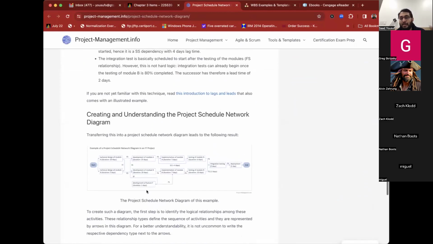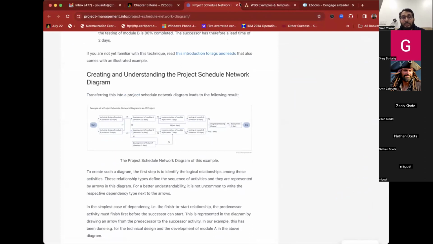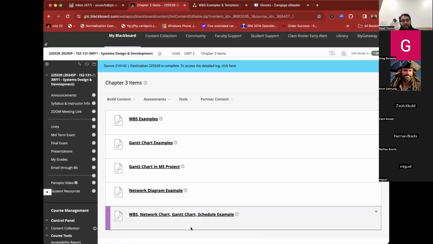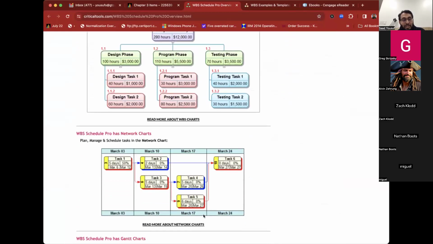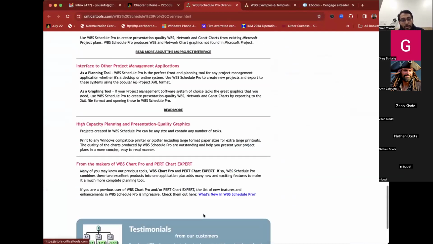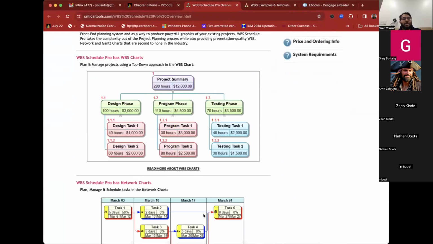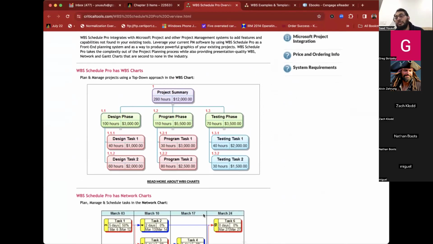I think towards the bottom of this article, there are network diagrams. And then there is an example that includes WBS, network chart, Gantt chart, and schedule, all in one place. So that's another article that I want you to look at. It's a very short article that shows you all of these variants.